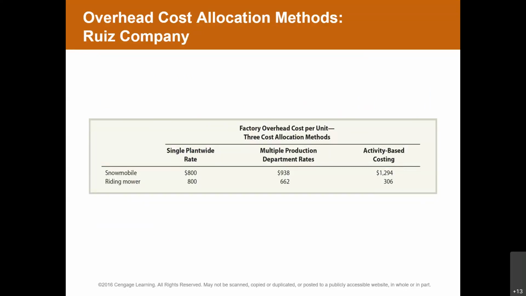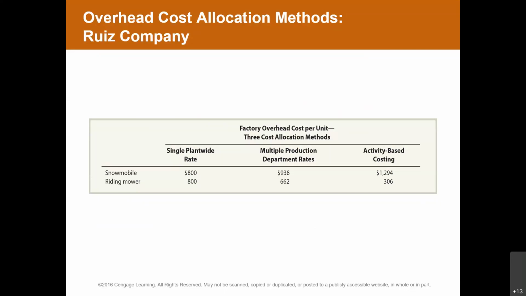And so that brings me to this slide here. This is a comparison of what it would look like for each type of allocating overhead. For the single plant-wide rate, it's $800 for each, right? For the multiple production departments, it's a little different: $938 for snowmobiles, $662 for the riding lawnmowers.